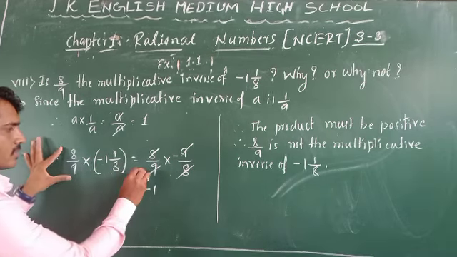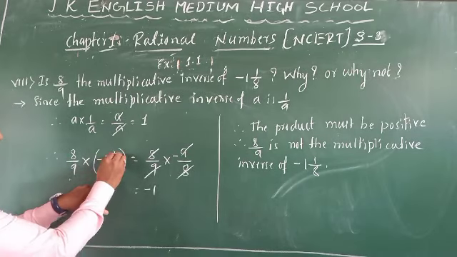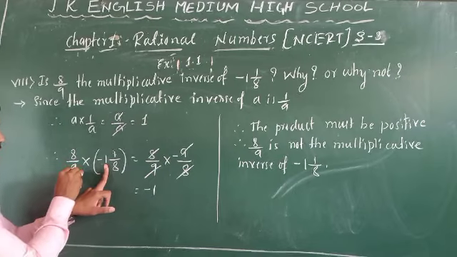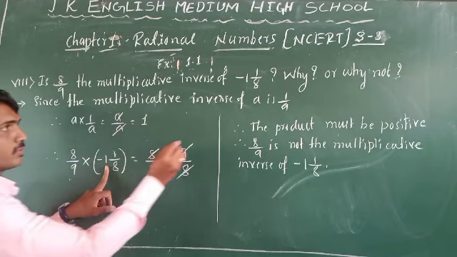Write 8 by 9 as it is. 8 ones are 8, 8 plus 1, minus 9 by 8. Understanding? This is the first number, and this is the inverse, which means we have to check.